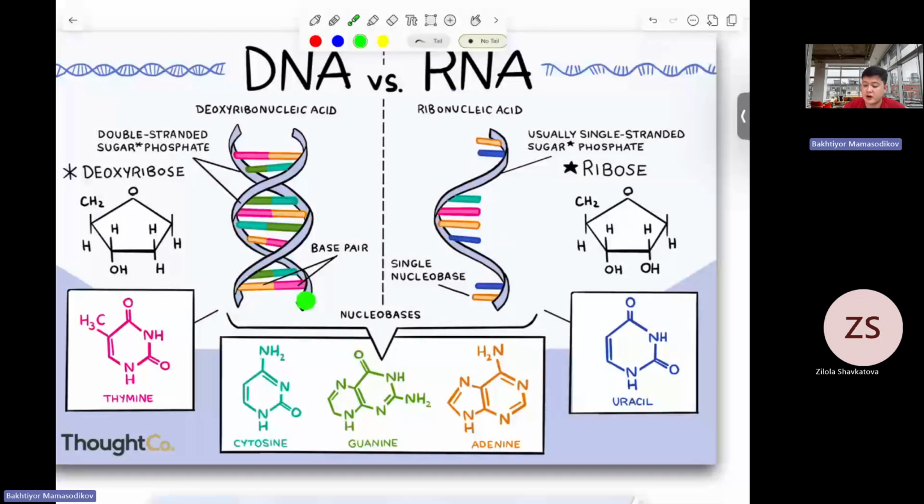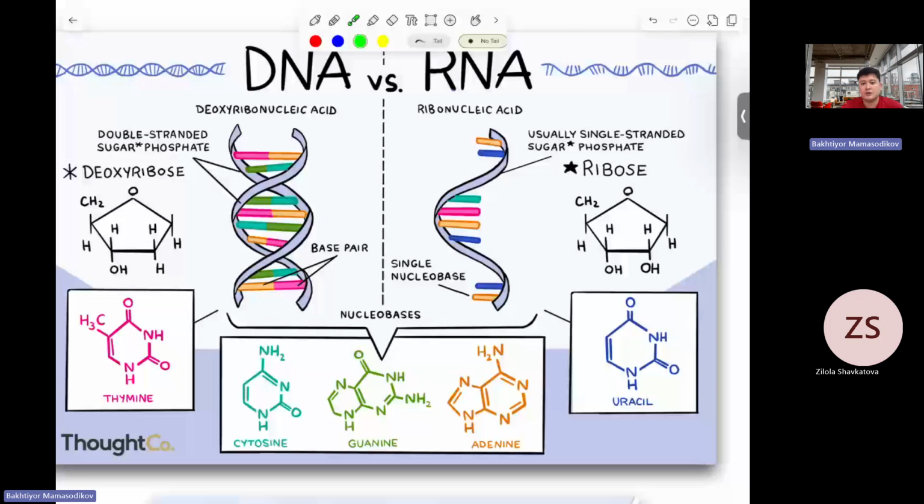But in the messenger RNA, instead of thymine, you have uracil, adenine, guanine, and cytosine. Messenger RNA uses uracil instead of thymine. And the sugar in RNA is called ribose sugar, and the sugar in the DNA is called deoxyribose sugar.